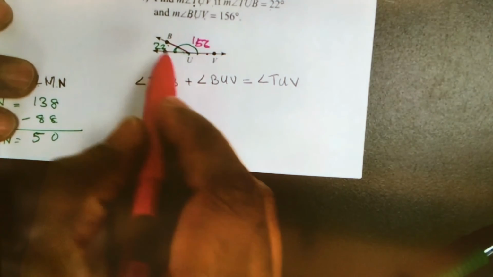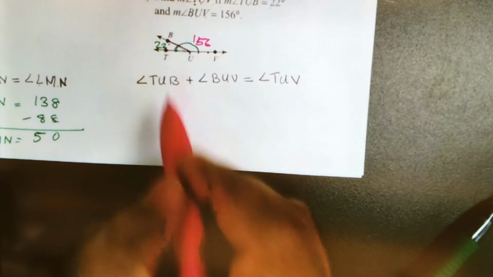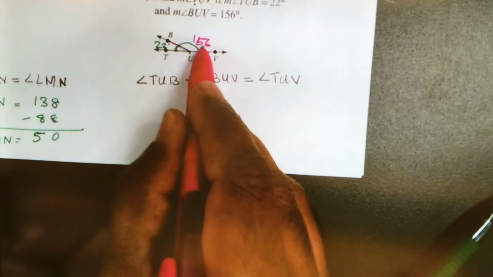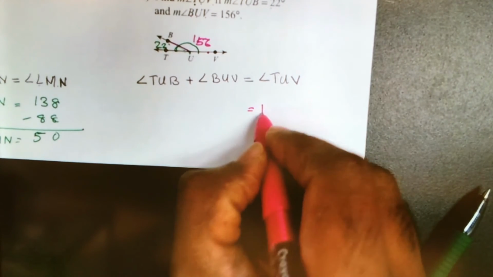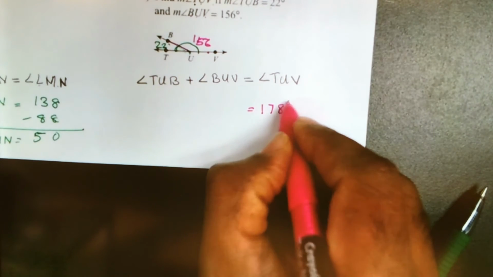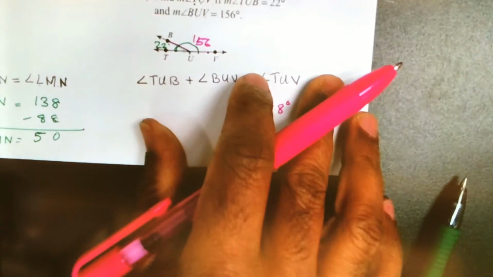So I will get the big angle TUV by adding those two. So 22 plus 156 is 178 degrees. So the measure of the big angle TUV is 178.